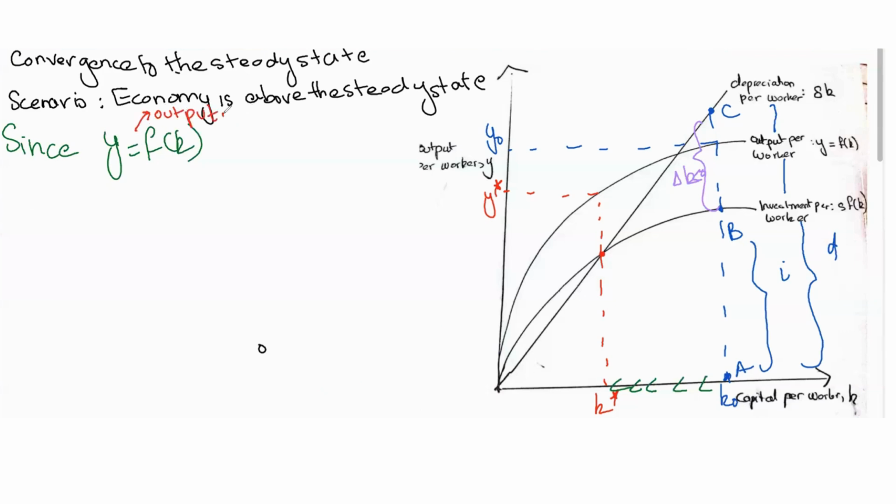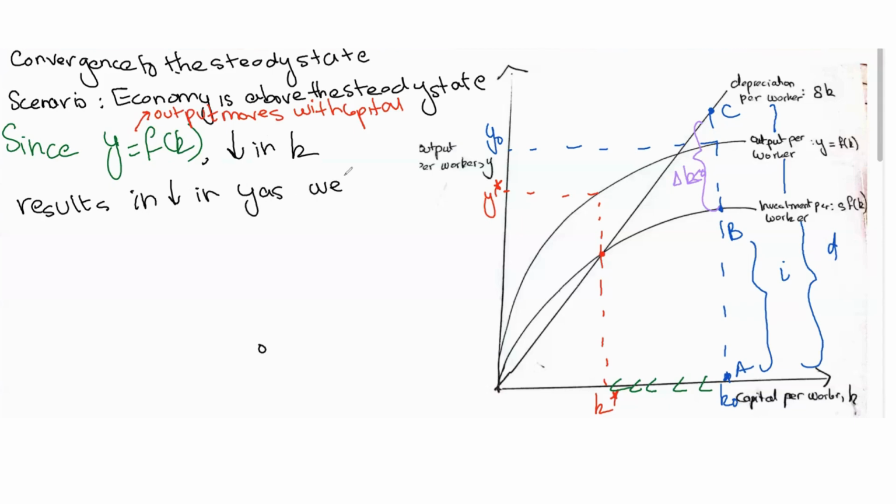Because it's a positive function of capital, when capital increases, output increases, and when capital goes down, output goes down. So when k decreases from k naught to k star, it results in a decrease in y as well, from y naught to y star.